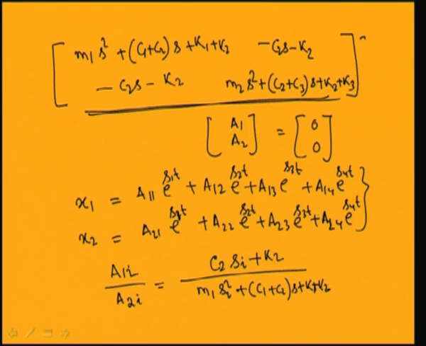So for a stable system, all the 4 roots must be either real negative numbers or complex numbers with negative real parts. So for a stable system, all the roots should have a negative real part. If they have a positive real part, then the solution will contain a growing exponential e to the power st. Let me write this s equal to sigma plus j omega.